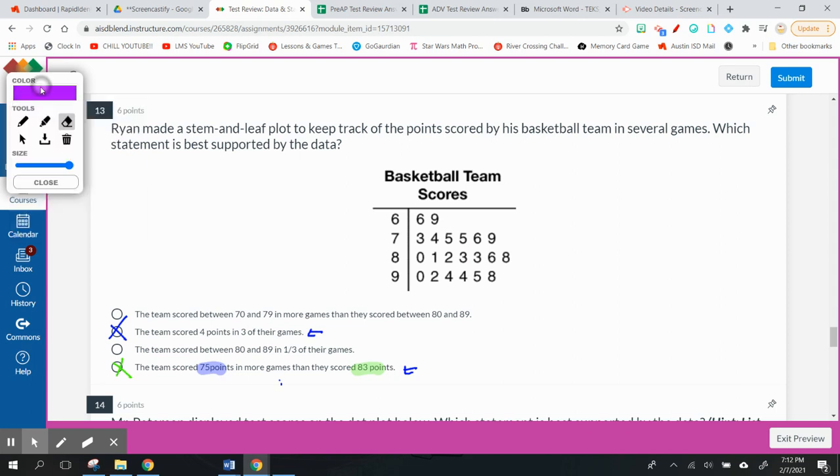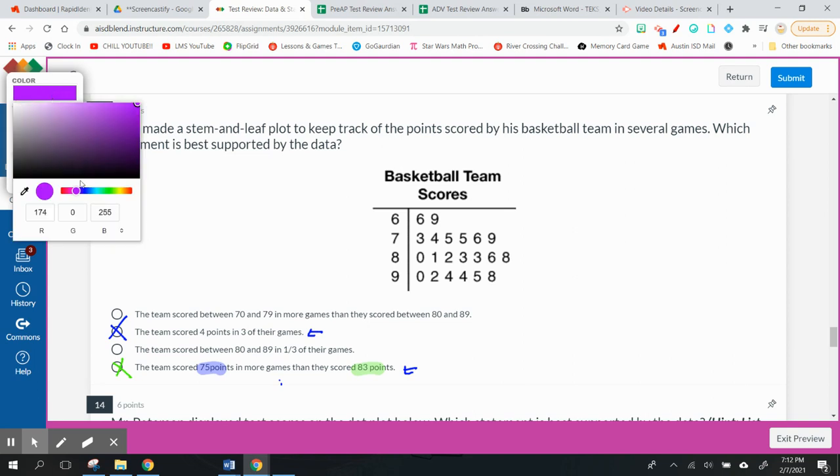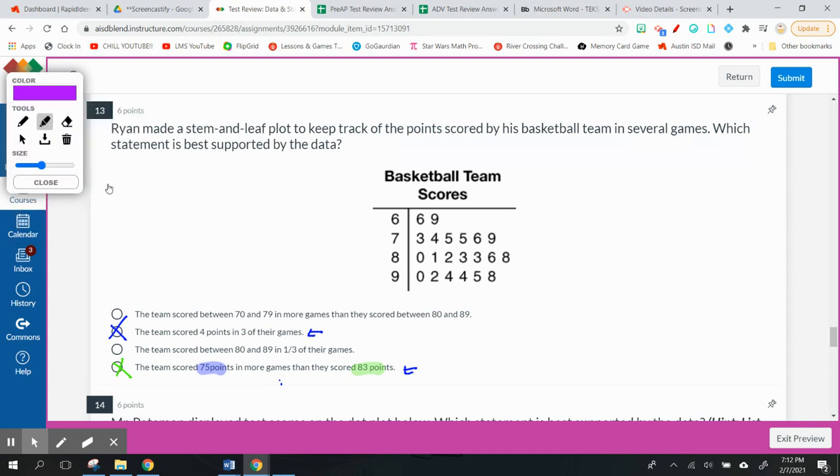Grab a purple color, trying to do different colors for each of these. The team scored between 70 and 79 in more games than between 80 and 89. Okay, so let's do that one. That one looks like we can highlight some things and it might go a little quicker. 70 and 79, so that's all of these.